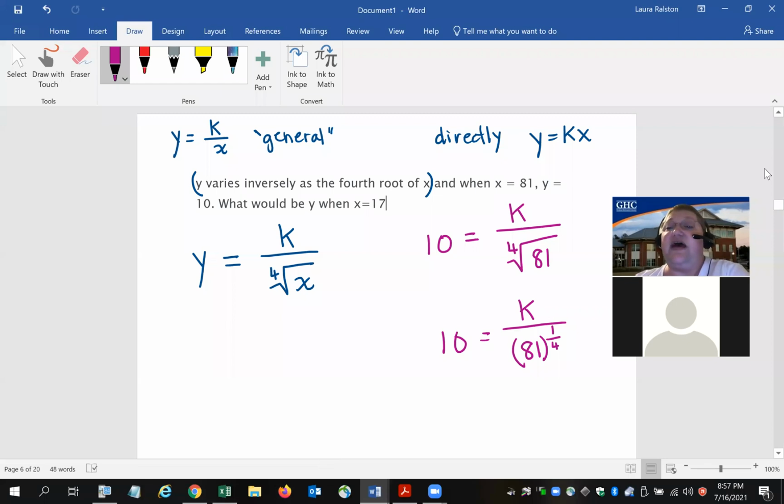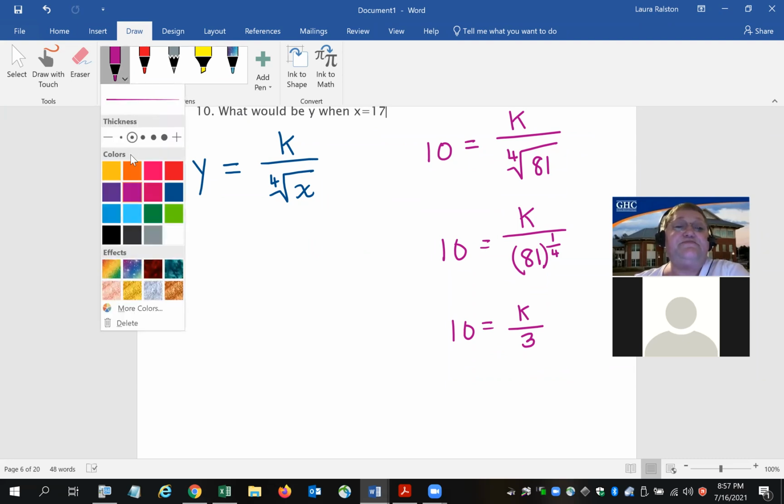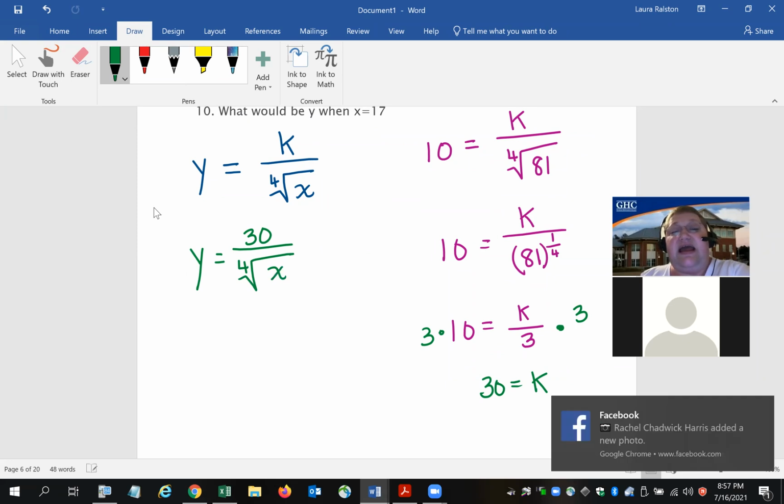So that means in my formula I have 10 equals k divided by 3. I'm trying to solve for k, so I'm going to multiply both sides by 3. So 30 equals k. So my formula becomes y equals 30 over the 4th root of x.